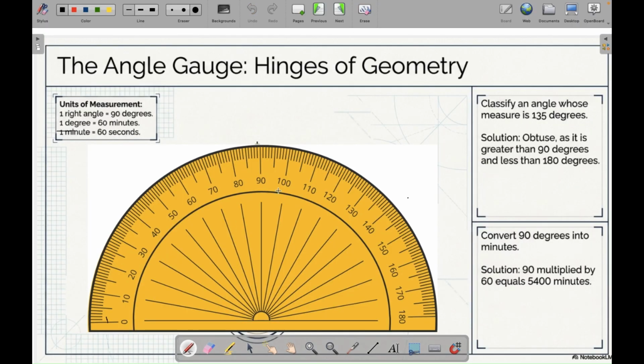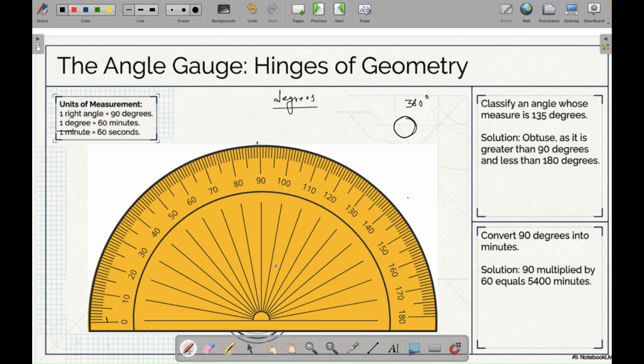You measure an angle using a protractor. The instrument that is used to measure an angle is known as a protractor, right? And what is the unit for measuring angle? It is degrees, right? What is a degree? If you have a complete circle and you rotate a complete circle, that becomes 360 degrees, right?